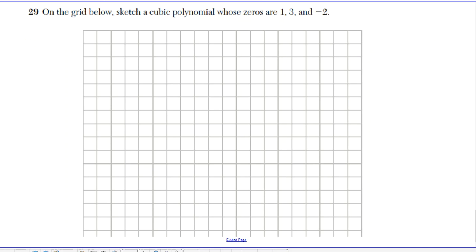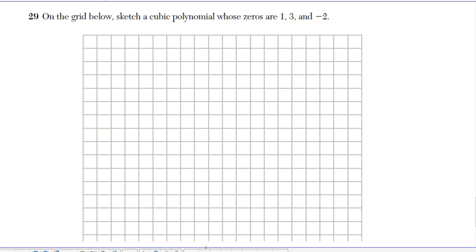Alright, let's consider question 29. It says, on the grid below, sketch a cubic polynomial whose zeros are 1, 3, and negative 2. The zeros are basically the x-intercepts. Let's recollect that the zeros are the x-intercepts.